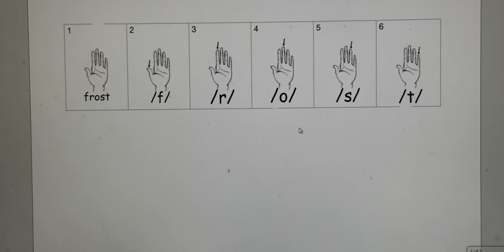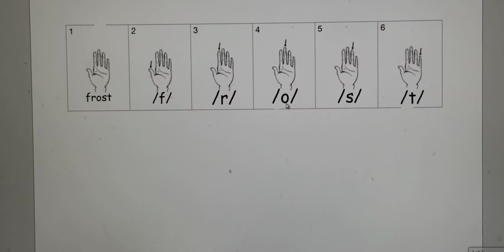Frost. And can anybody tell me what letters they are? What letter is this? That's right, F. What sound does it make? First letter in the word frost. Next letter, R. What sound does it make?